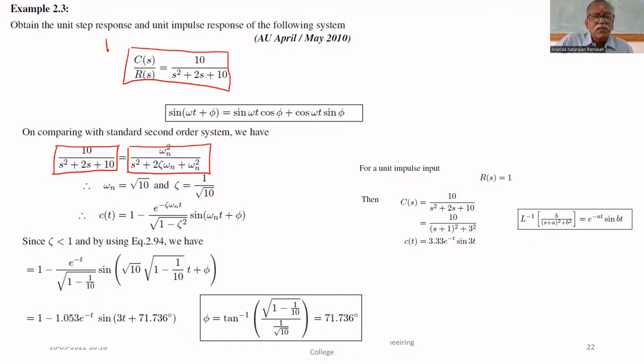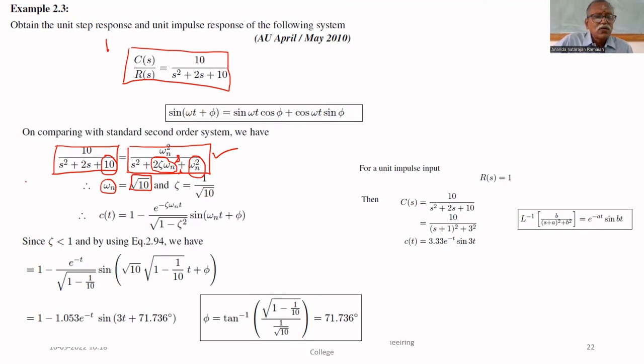Obtain the unit step response and the unit impulse response of the following system. We have to compare with the standard system. If we compare with the standard system, in place of omega n square, 10 is there. Therefore, omega n equal to root 10. In place of 2 zeta omega n, 2 is there.